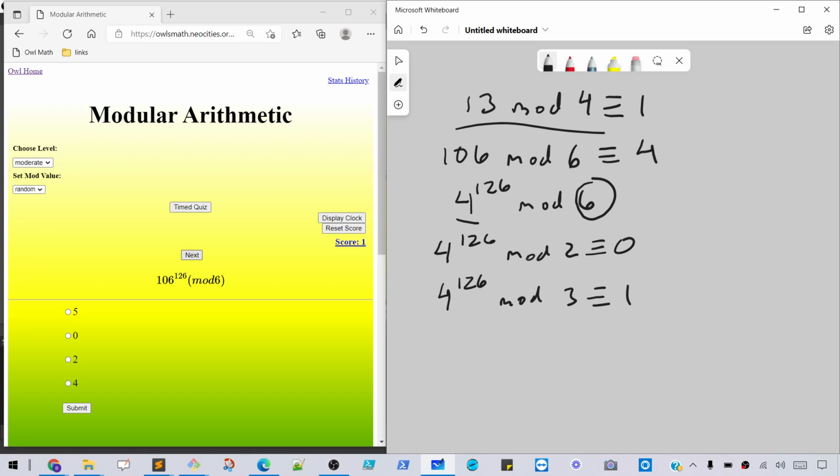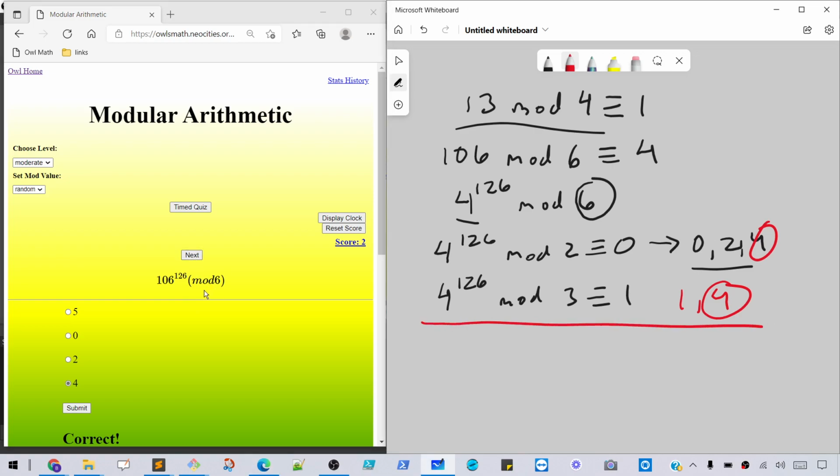What I should really do is write it here: 0, 2, and 4 are the numbers that satisfy 0 mod 2. And the numbers that satisfy 1 mod 3 are just 1 and 4. We can look at what's in both lists, and it's 4. So 4 is going to be our answer. Sorry, that was probably way too long for that question, but I wanted to hit on a few things there.